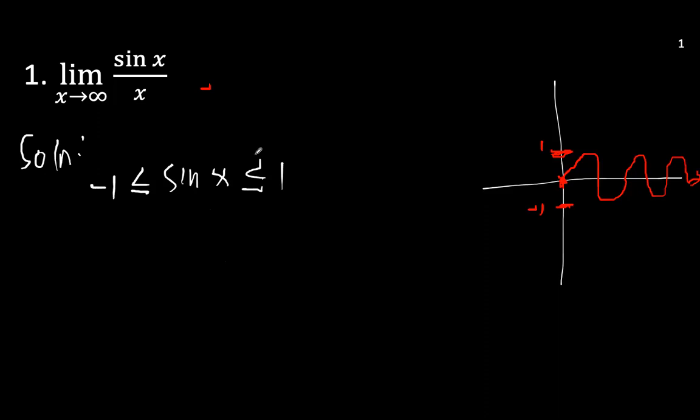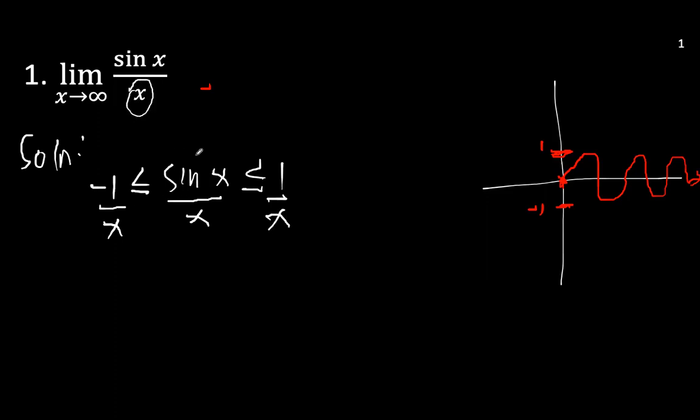Our main aim here is to find the given function in the given problem in this compound inequality. So how do we get sine x over x in this inequality? For us to get sine x over x, we need to divide all of the terms in the inequality by x, all right? Since we have x here.